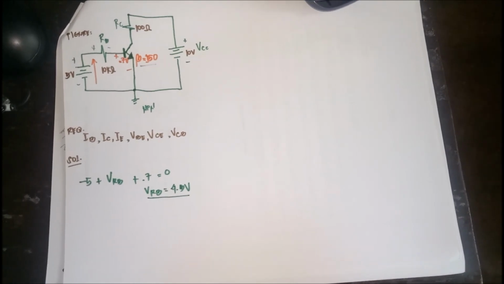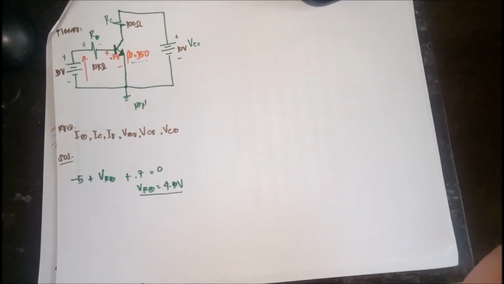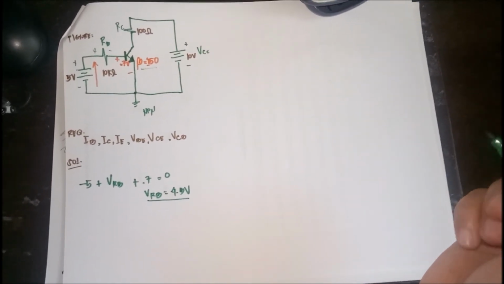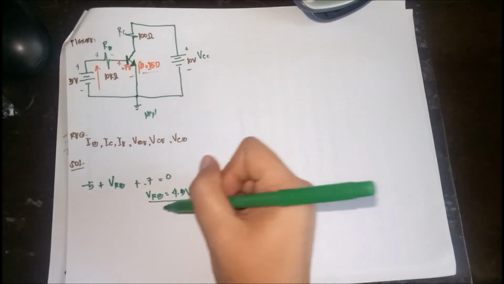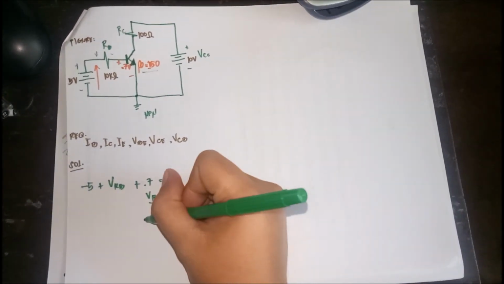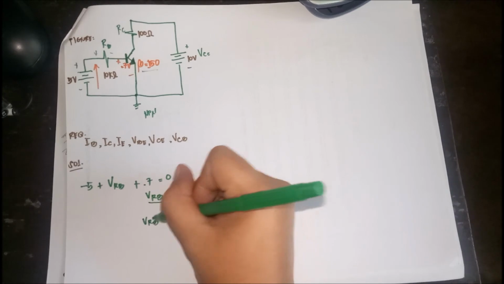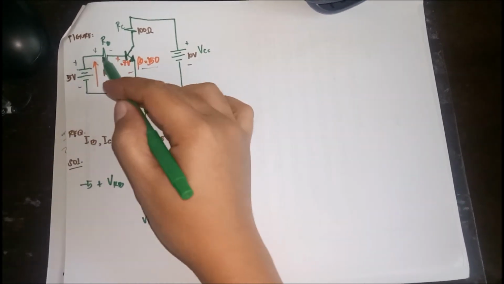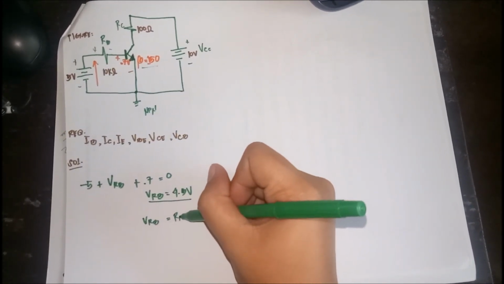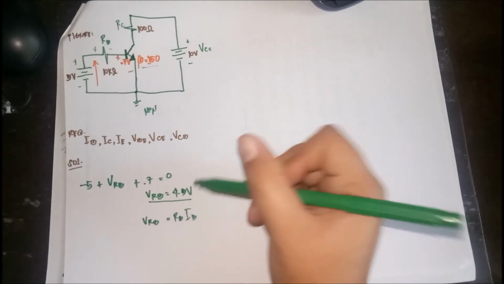Hinahanap ba siya? Hindi. Anyways, okay lang. So, since meron tayong VRB, of course, we can now look for our IB. Take note that VRB is equal to, diba, yung voltage dito, that is just RB times IB.